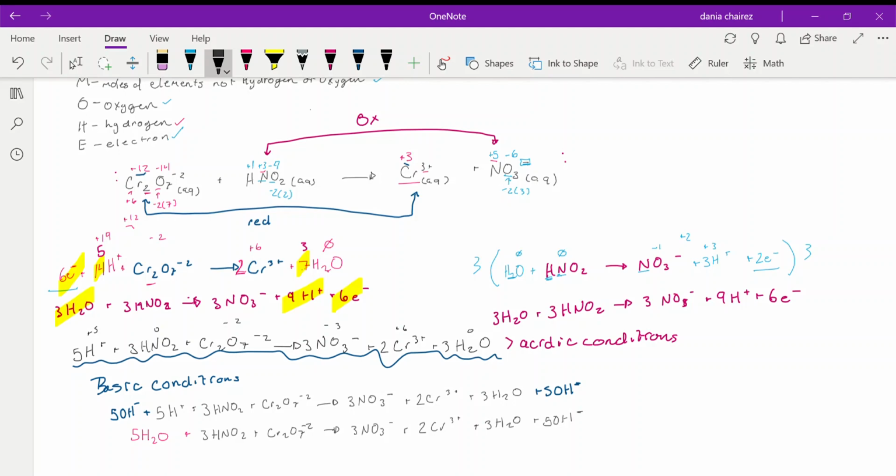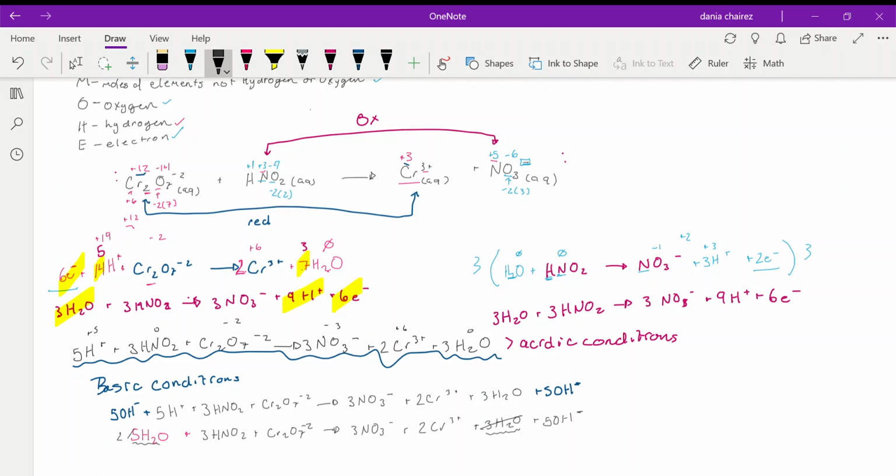So now we can do the same thing that we did before, where you cancel out things on opposite sides of the equation. I have 5 waters here and 3 waters here. So this 3 water is going to be gone and this 5 is going to turn into a 2.